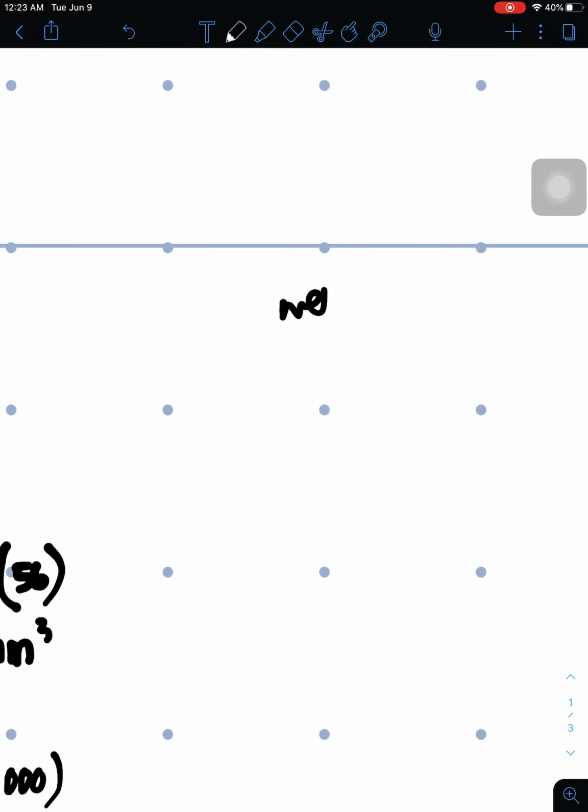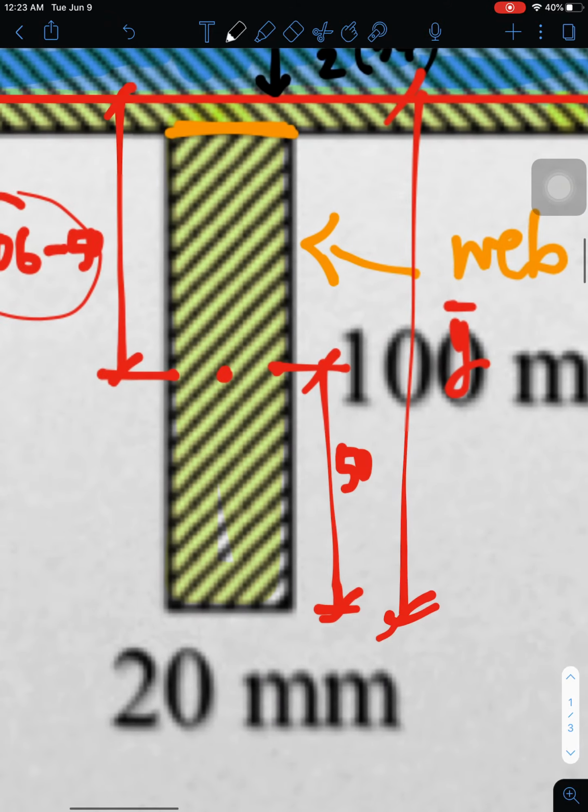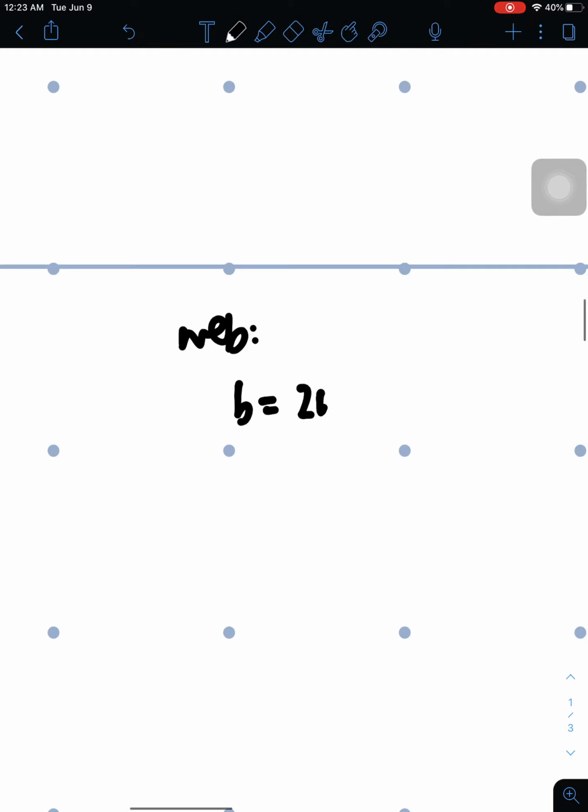And then let us consider the web. Same again, but this time the base is no longer 200, but the base of our web here, which is 20.